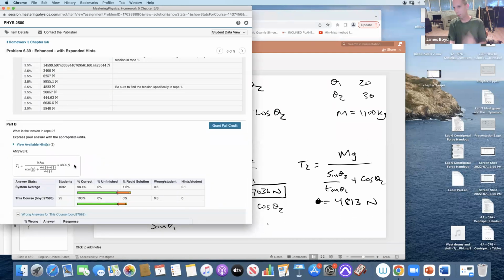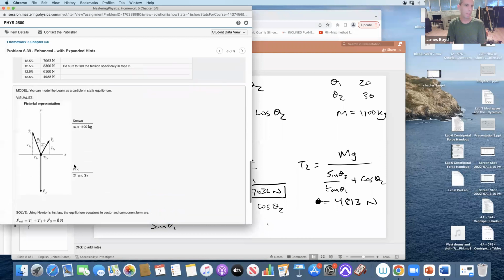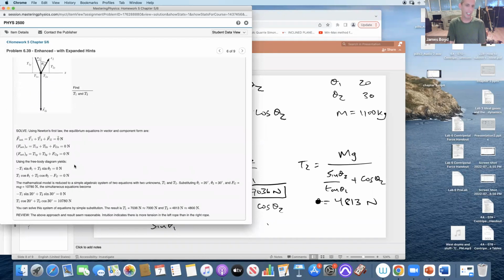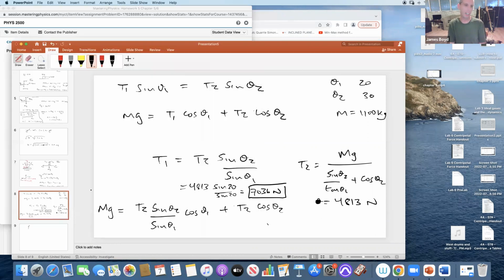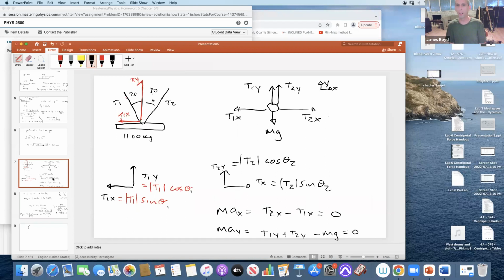For T2, I get 4813. While I would like to say that I purposely messed up the cosine and sine, just to remind you to make sure that you do it right from the picture, I actually just totally goofed when I moved to the next slide. So just remember that this angle is where normally we would have it like this, and this would be our hypotenuse or our T1.